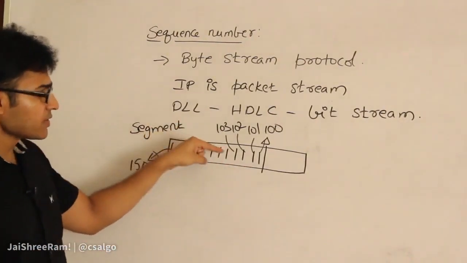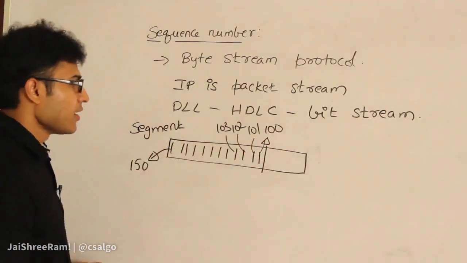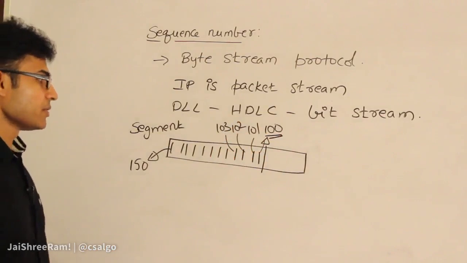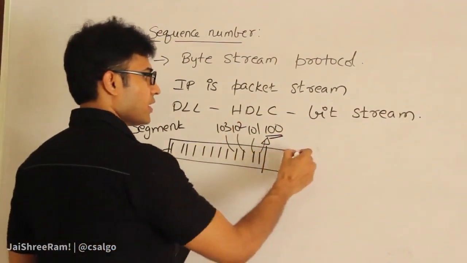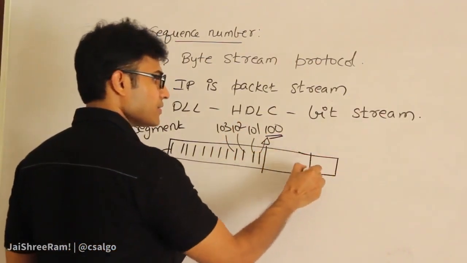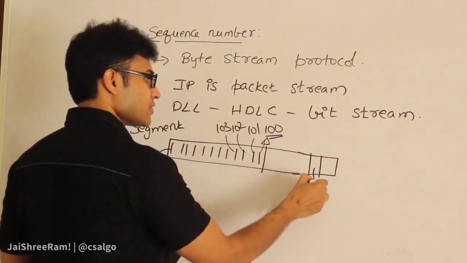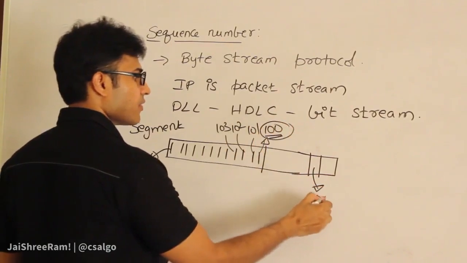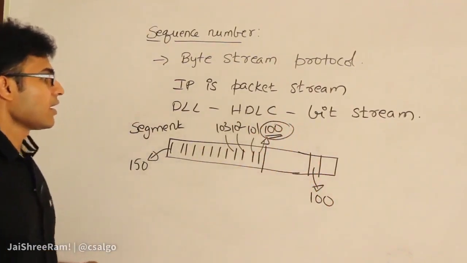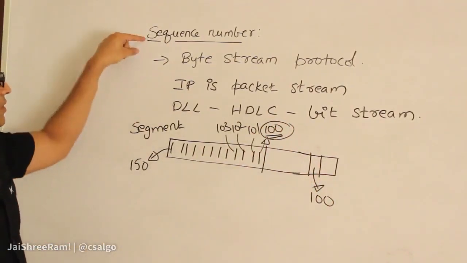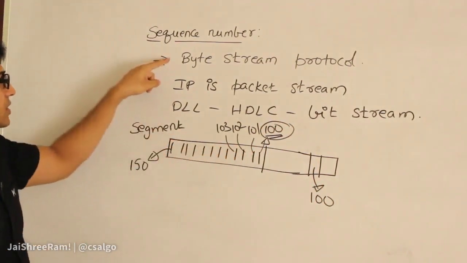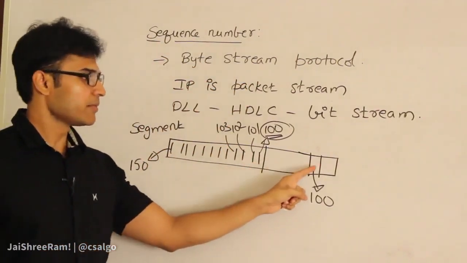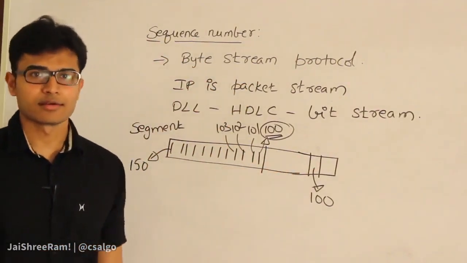Then the sequence number that I should put in the header is the sequence number of the first byte present in this packet. So the header has a field called sequence number field, and in it we put the first byte's sequence number, 100. Understood? Every byte is numbered because TCP is a byte stream protocol, and the sequence number of the first byte is present in the sequence number field of the header, right?